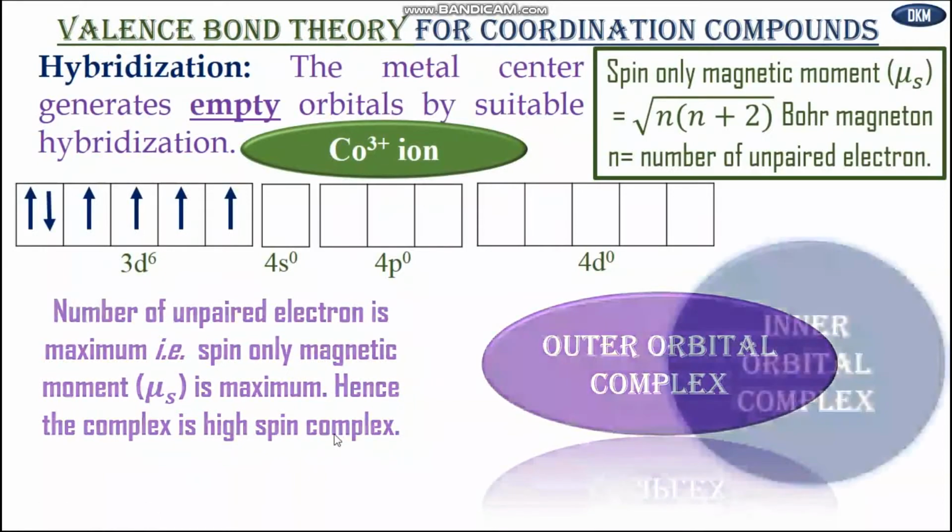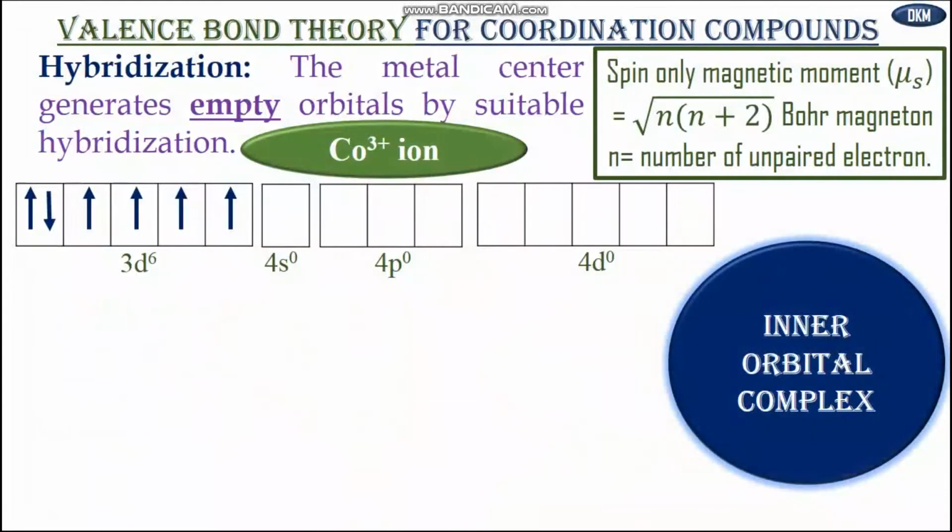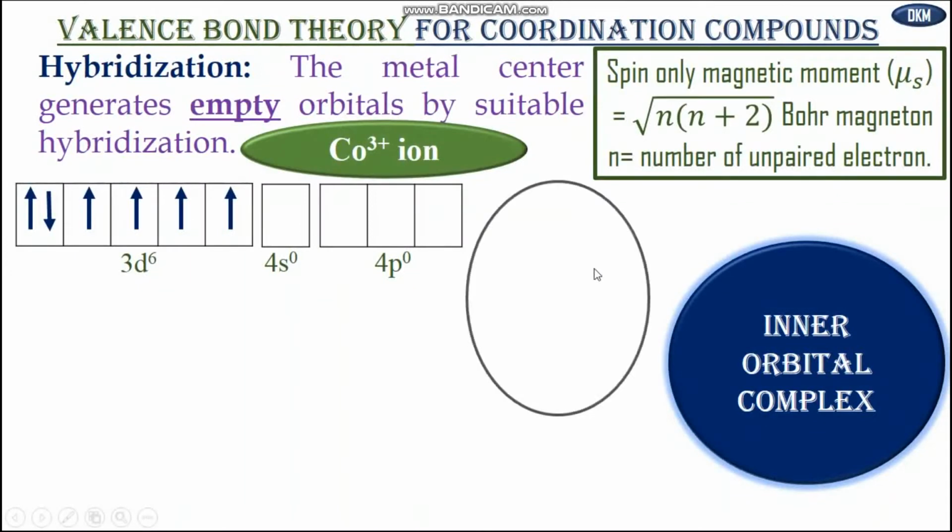In the case of inner orbital complex, the inner d orbitals take part in the hybridization. So in case of Co3+ ion, 3d takes part and 4d orbital has no role in the hybridization. Consider inner orbital octahedral complex.